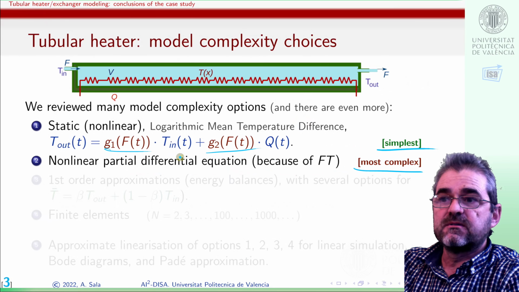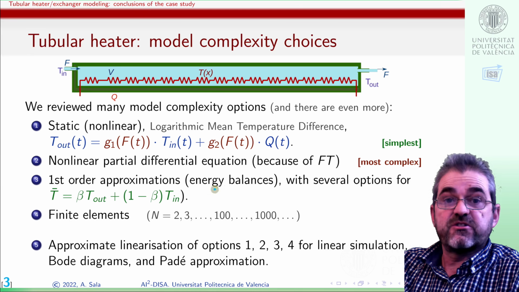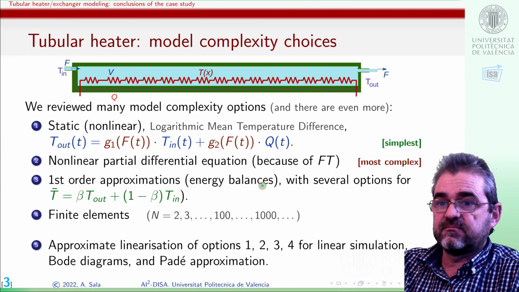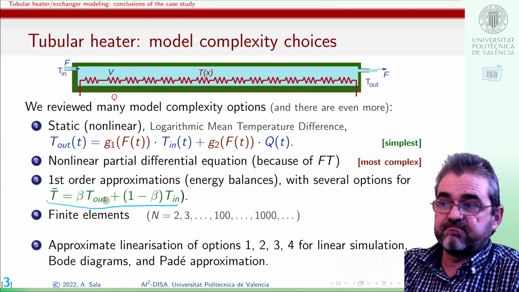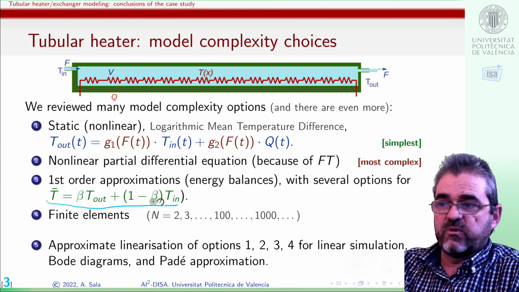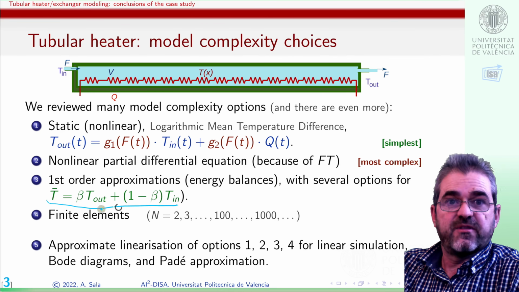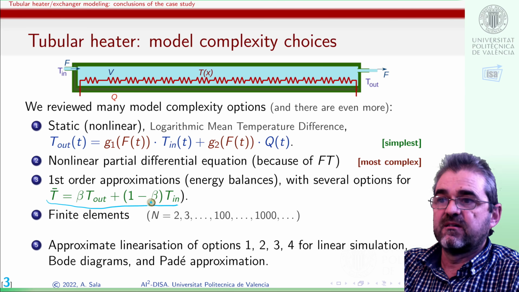We also saw a lot of intermediate models. First order approximations doing an energy balance, and the energy balance was made on an average temperature that depends on the value of some beta, and we gave several options for that beta, the exact one being something related to the solutions of the partial differential equation.